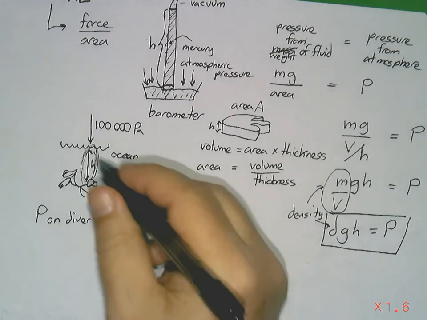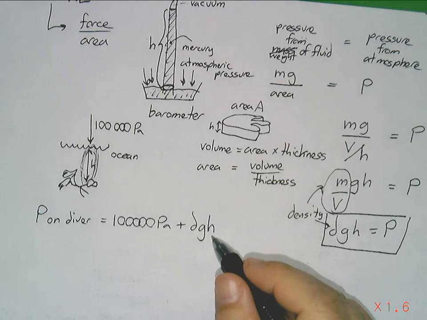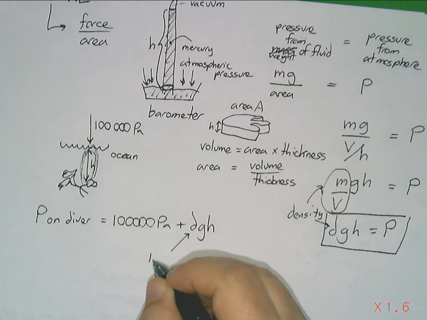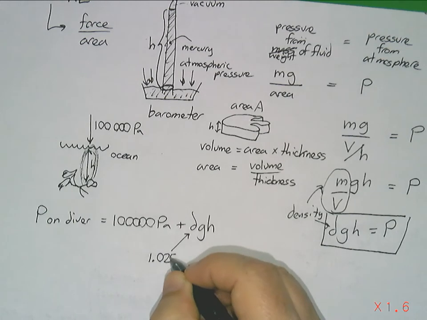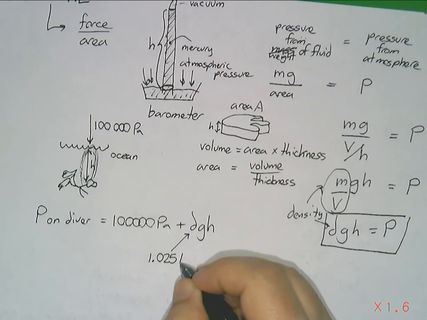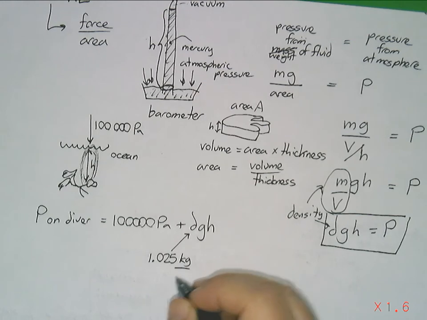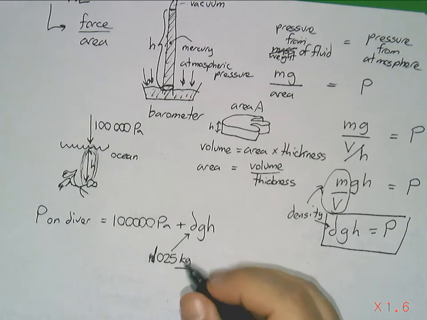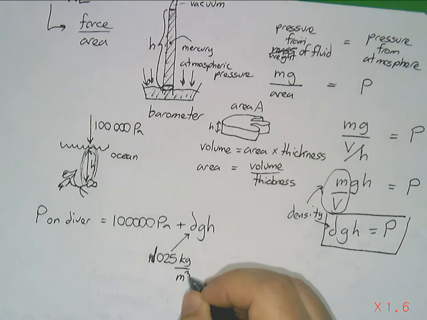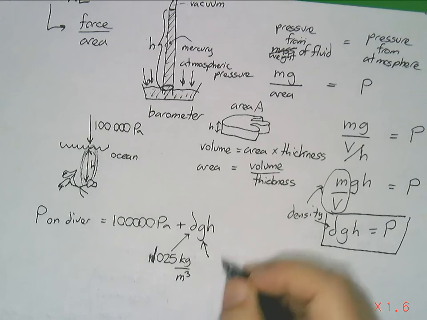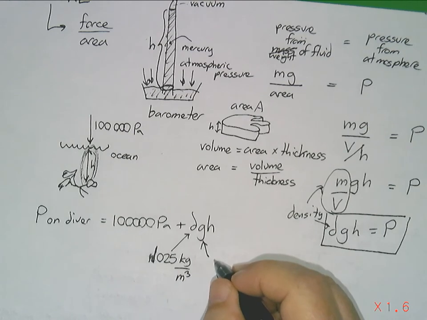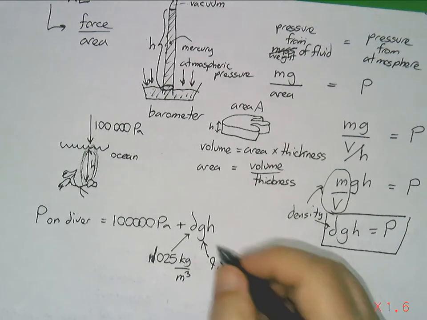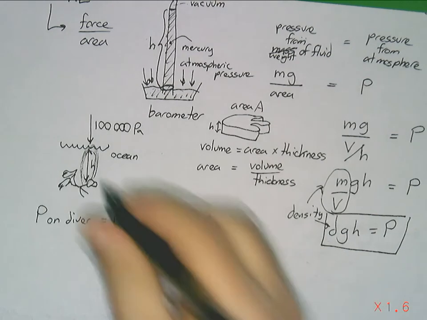I would need to know the density of the ocean water to do this calculation. The density of the ocean water is typically, well, if I'm going to use kilograms, it's 1,025 kilograms per cubic meter. The acceleration due to gravity is about 9.8 meters per second squared. And I have to know the depth that the diver is at.